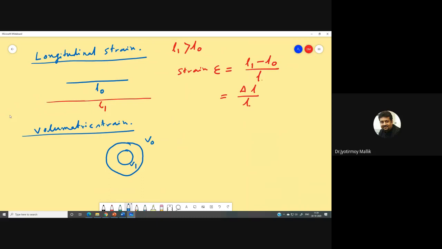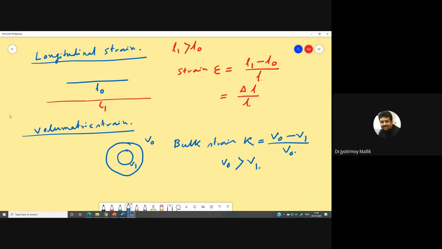So volumetric strain or bulk strain is (V0 minus V1) by V0. Here I have considered V0 is greater than V1. Of course, it can be the other way around too. So this is bulk strain.